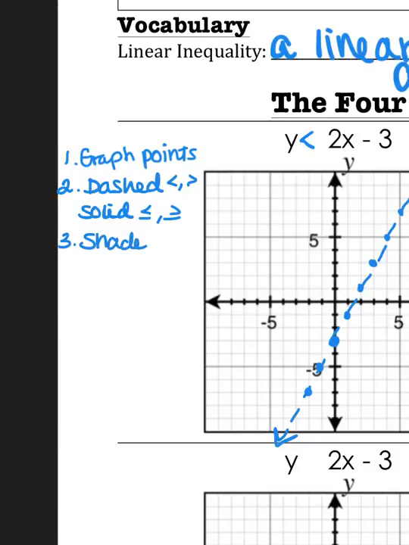So shade by testing a point. And the point that we're going to test is 0, 0. It's a very easy point to test. The only time we would not be able to use that is if I had a point on my line at 0, 0, but here, since we're not on 0, 0, I can use that to test.